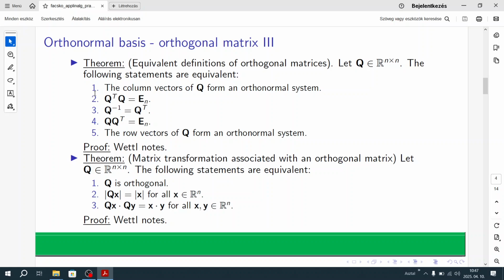So that was the definition. Then the inverse and the transpose should be the same.